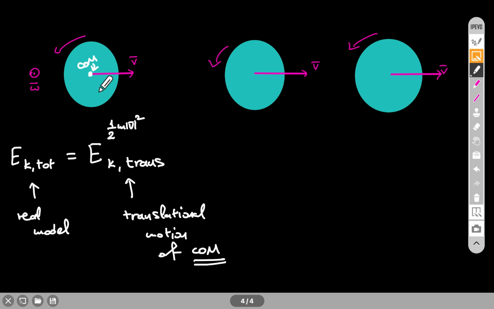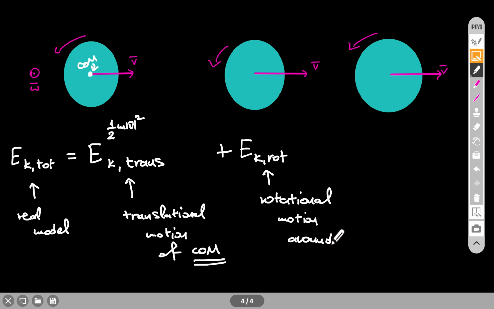Now, because I know that this thing is not only translating, moving in some direction, but also spinning, I do need to add EK rotational. And this is due to the rotational motion around the center of mass.